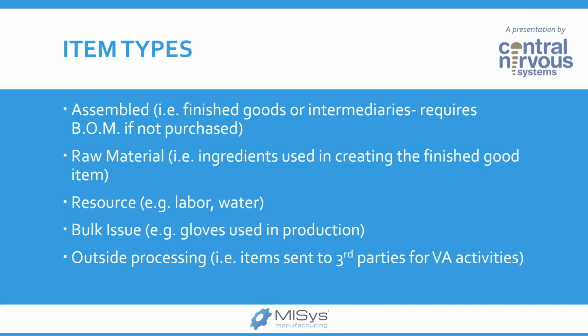And we have resources; examples are labor and water. And bulk issue: we might have gloves. You're not going to be saying one glove per liter or one batch, but you might have them issued as bulk. And outside processing is when we're sending our items to third parties outside for value-added activities.